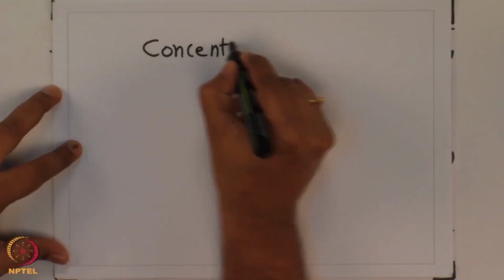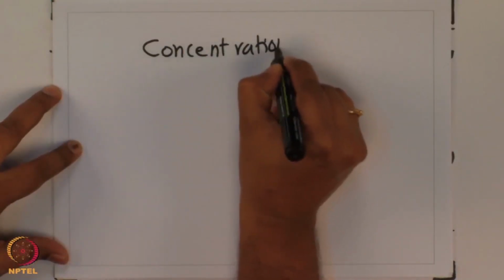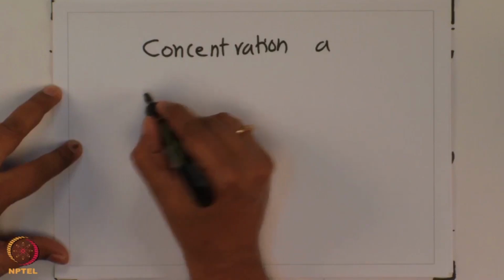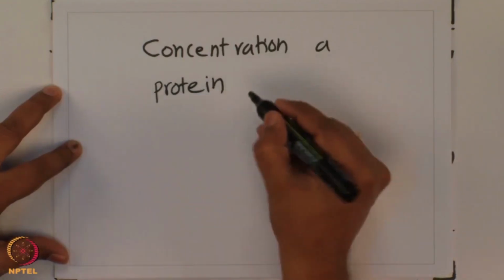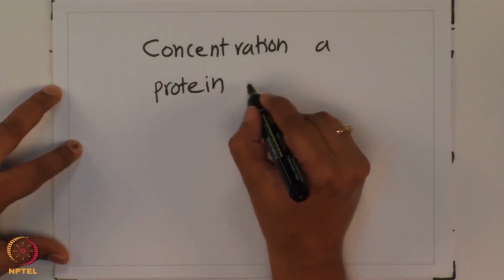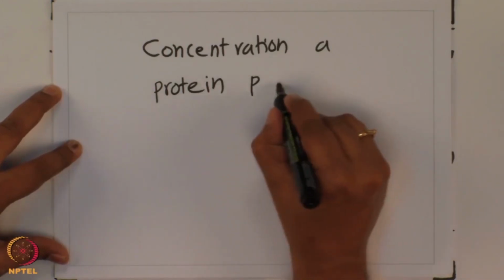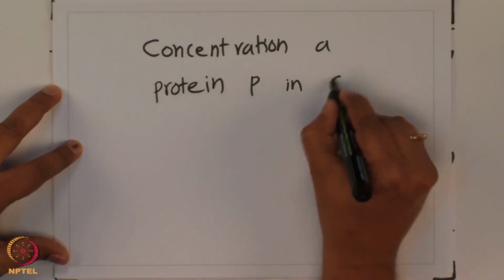Or consider some situations in biology, for example the concentration of a particular protein, let's call it protein P, in a cell.